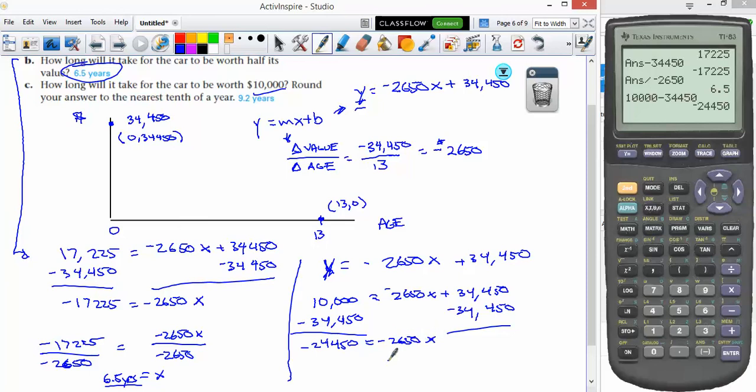My next step would be to divide both sides of the equation by negative 2650. So let's do that. We're going to divide that by negative 2650.